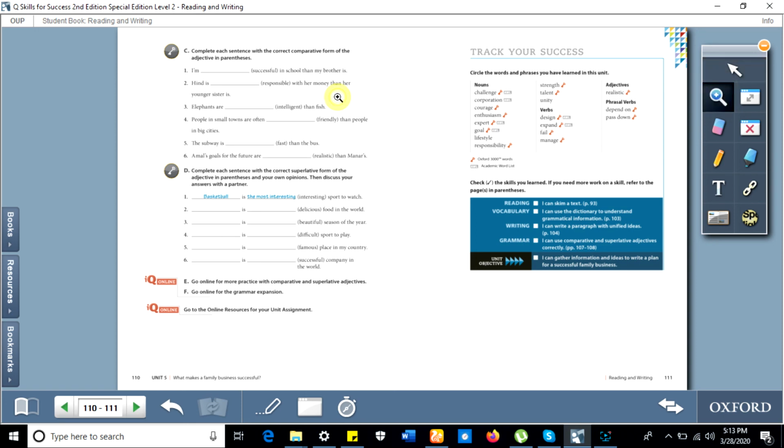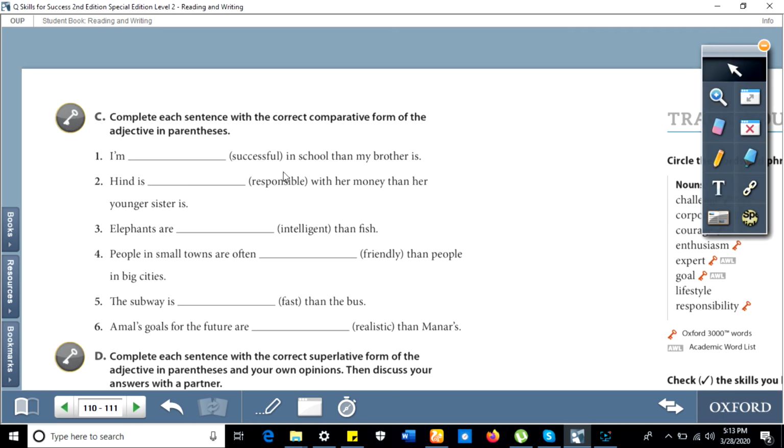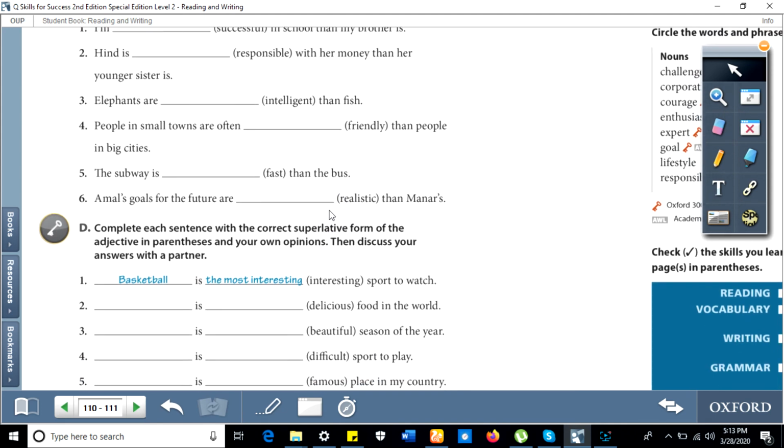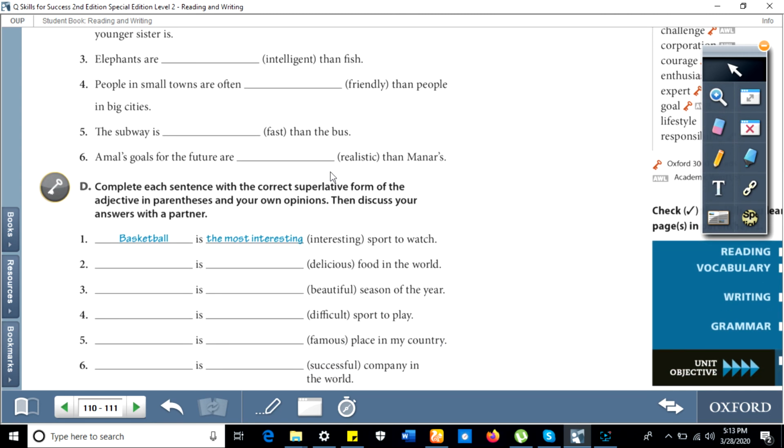Next up is: complete each sentence with the correct comparative form of the adjective in parentheses. So what you need to do is fill in the blanks with the correct form.